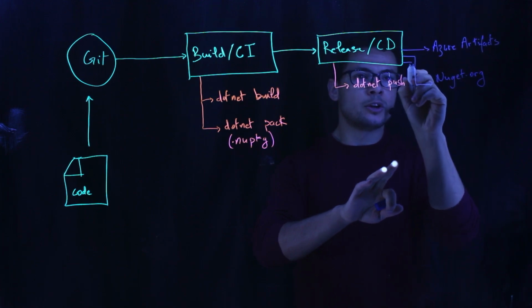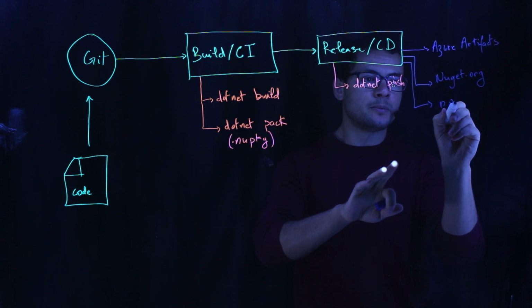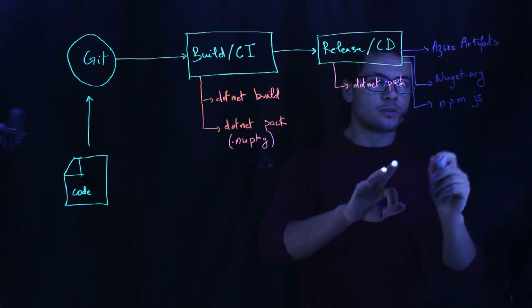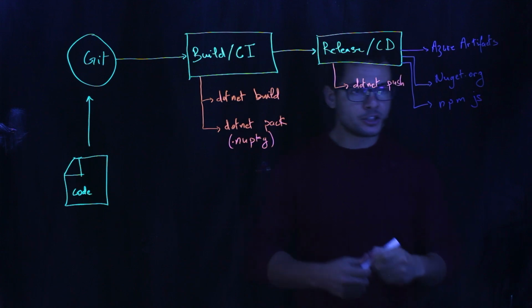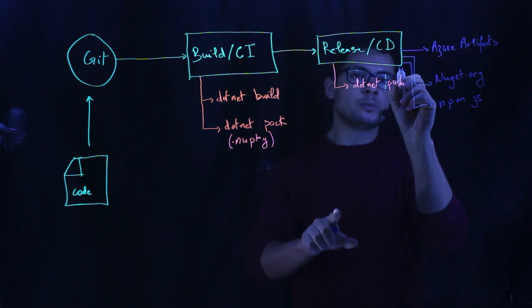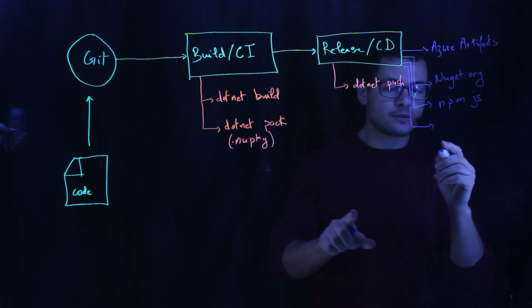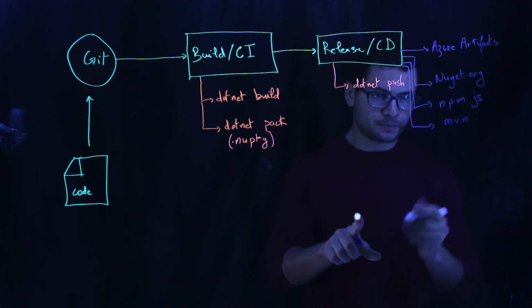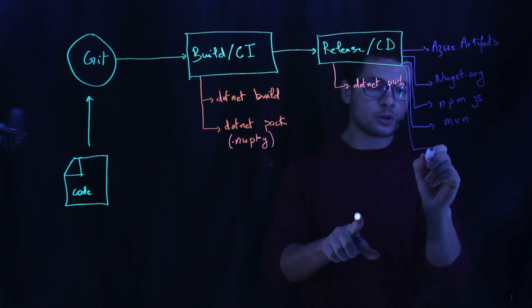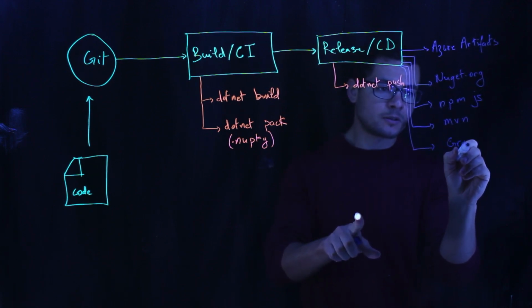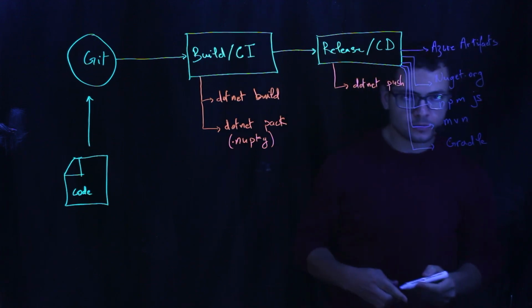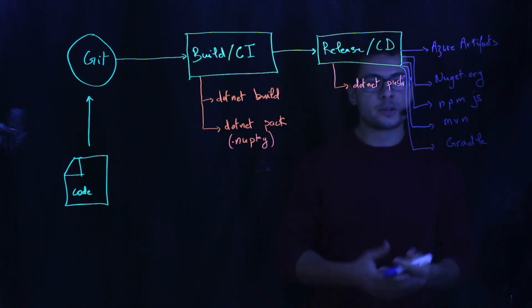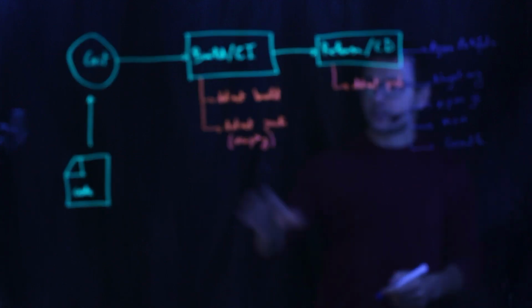We can also deploy into npm for the JavaScript packages and so on. And in the case of Java applications, we can deploy Maven packages and also Gradle. So those are the different sources supported by Azure DevOps. And with Azure DevOps, I can create the pipeline for all of those packages.